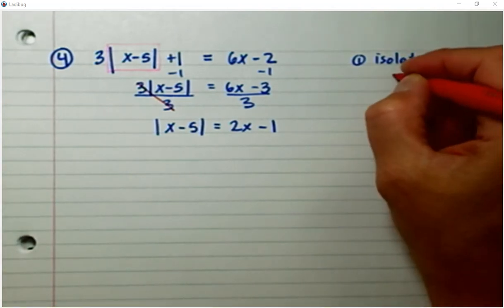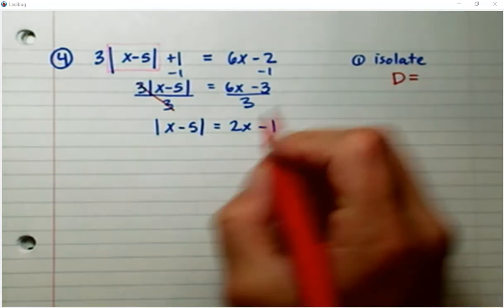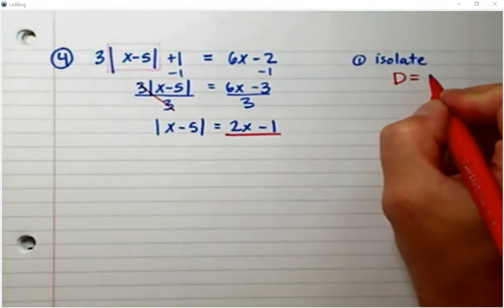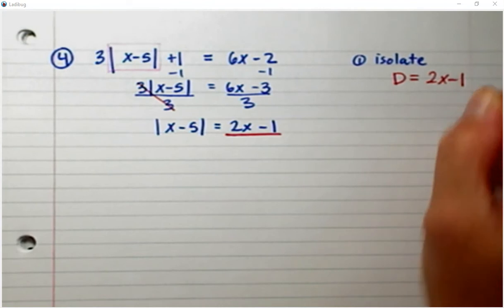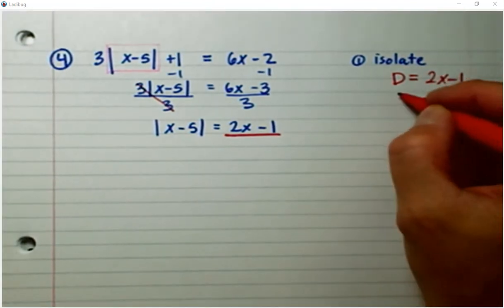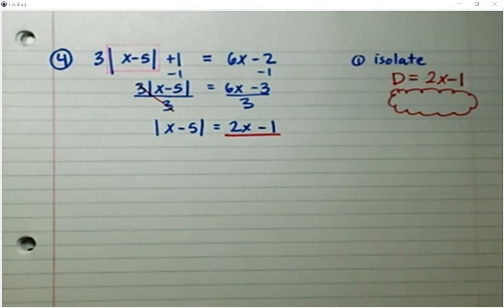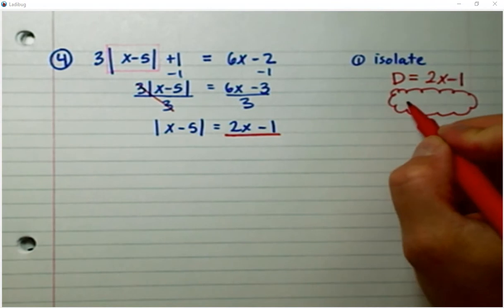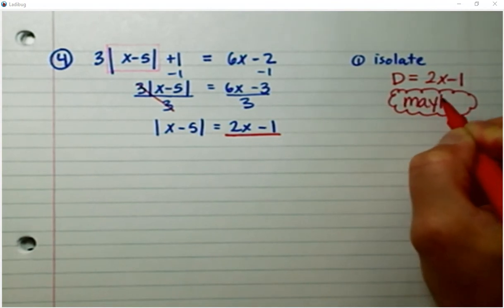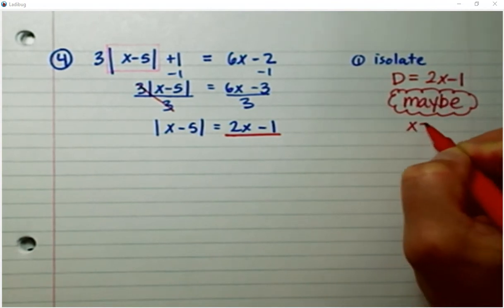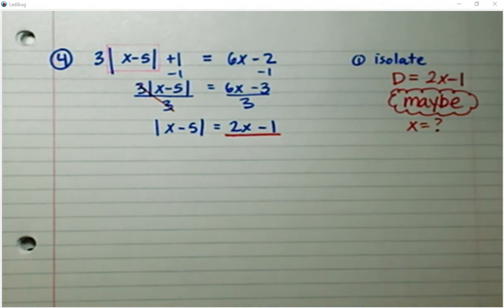Right now I have the distance is 2x minus 1. Interesting. Can distance be 2x minus 1? Maybe. It kind of depends on what x equals.